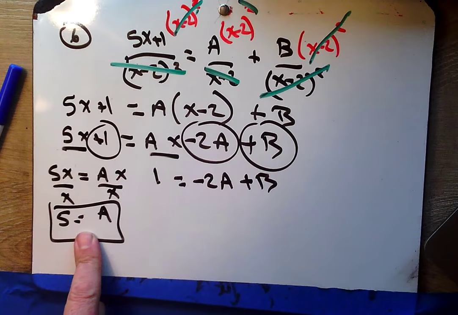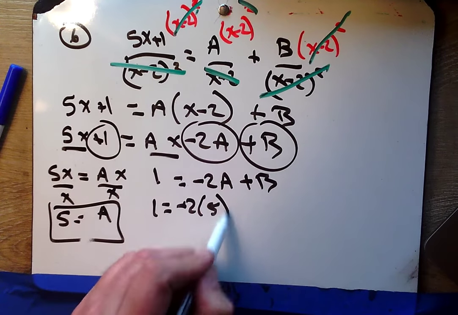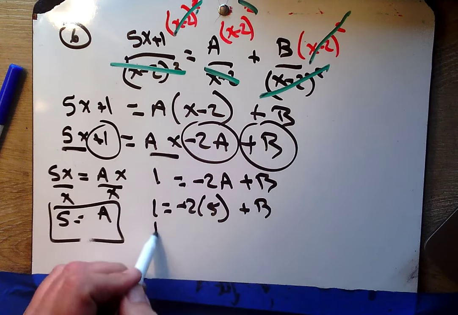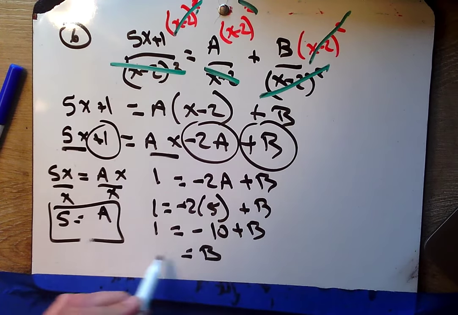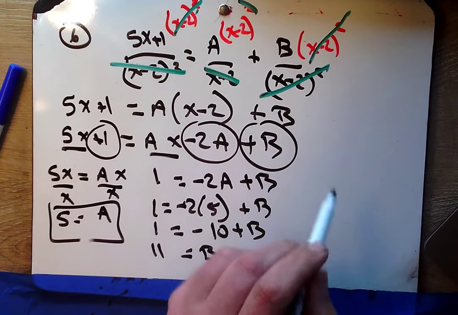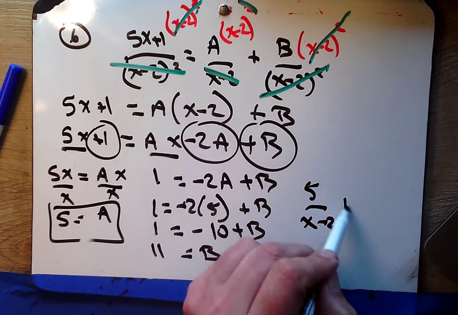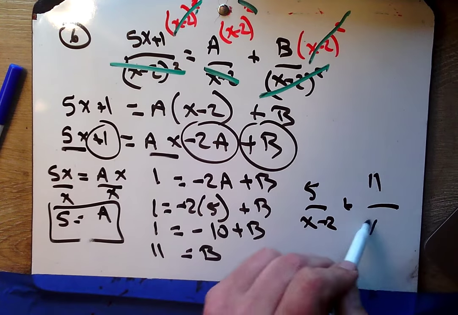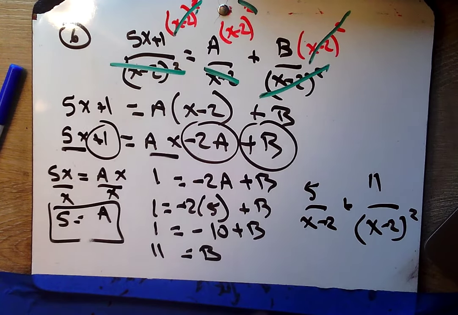Conveniently, we know what a is now. And so I get 1 equals negative 10 plus b, or b equals 11. And so my final answer would be 5 over x minus 2 plus 11 over (x - 2) squared. Nice, nice, nice.